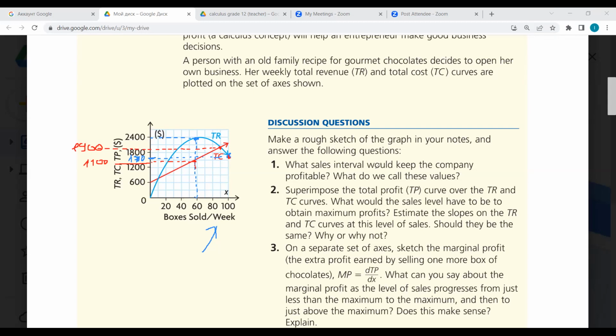You start earning less, but the cost keeps growing. Which one? TC, total cost. Yes, total cost always keeps rising, and this one at some point changes its direction. You see, it deflects from this point.